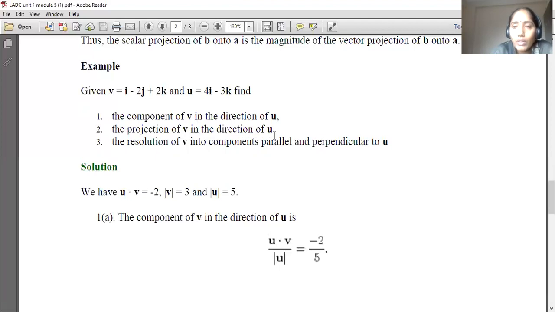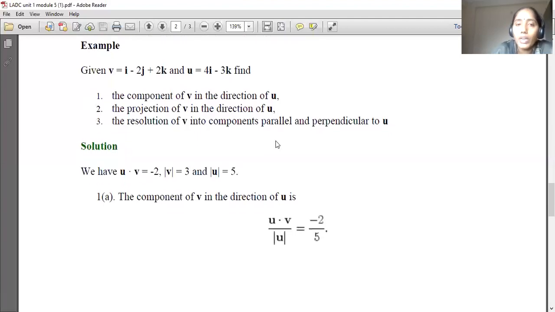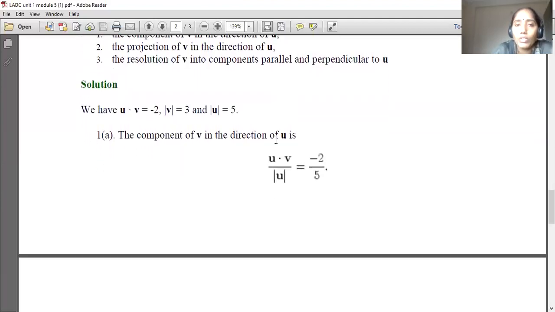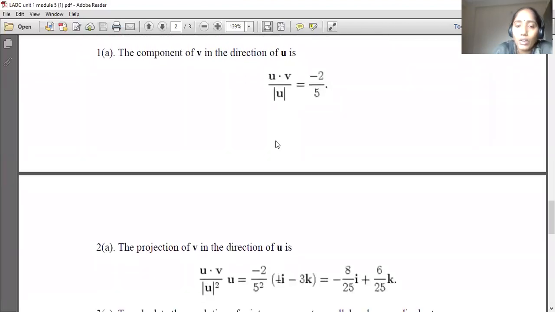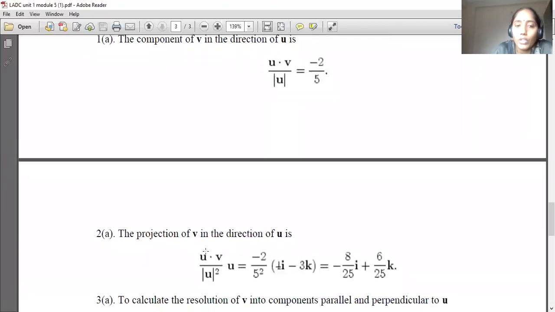What is the formula for vector projection? That is u bar dot v bar by modulus of u bar whole squared into u bar, because we are projecting in the direction of u bar. Substitute the values, then we will get the projection of v in the direction of u.